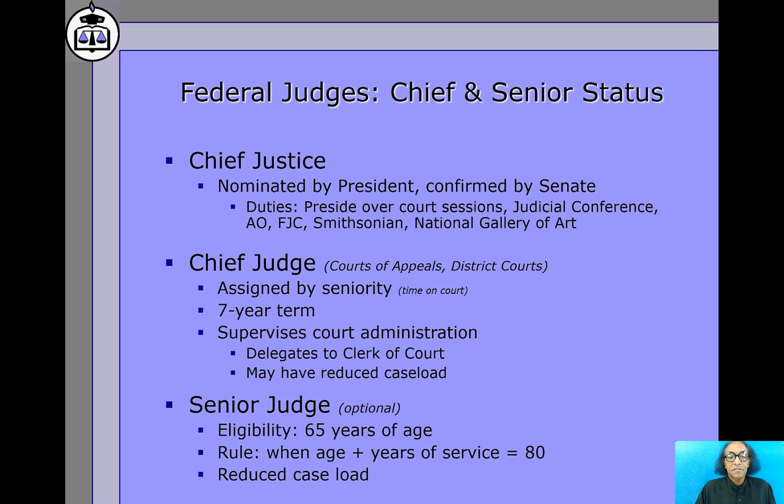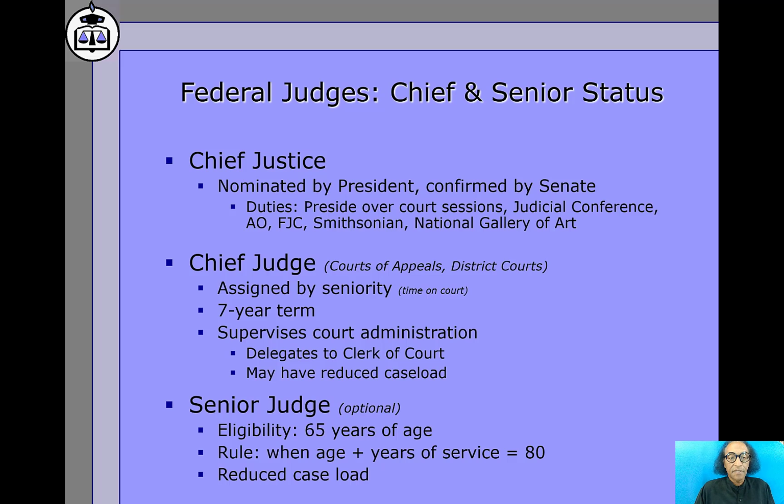Now, in the federal courts, we have sort of a hierarchy here. You have the Chief Justice of the United States, of course, Roberts, nominated by the President, confirmed by the Senate, and the duties of the Chief Justice include presiding over court sessions, over the Judicial Conference, and other kinds of institutions.